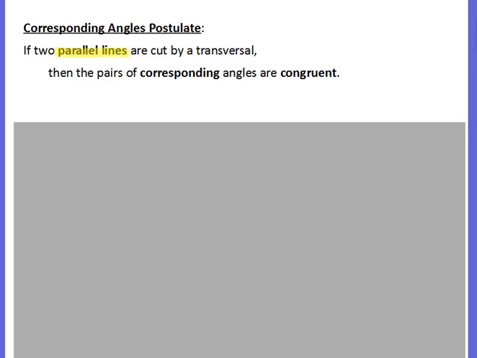Okay, let's get going. Third attempt. If 2 parallel lines are cut by a transversal, then the pairs of corresponding angles, you remember this vocabulary, are congruent. Pairs of corresponding angles are congruent.